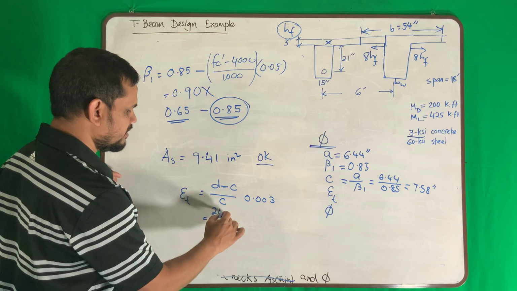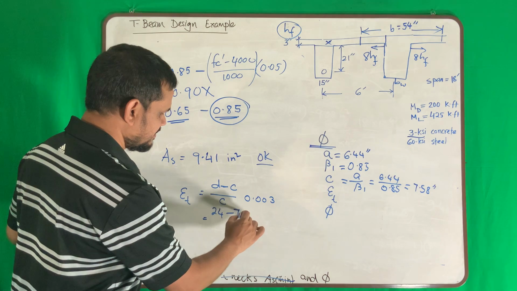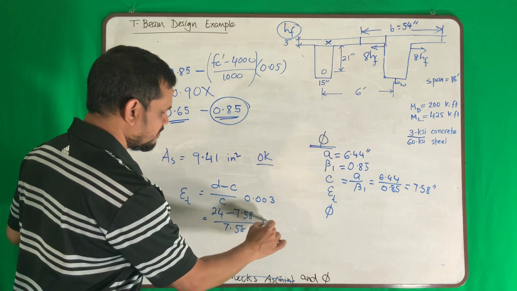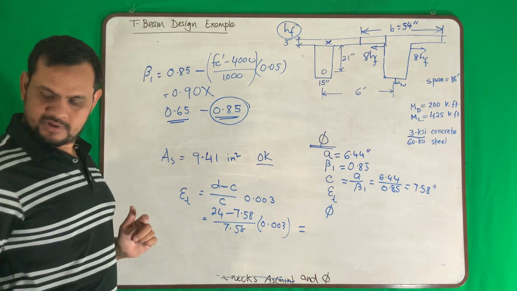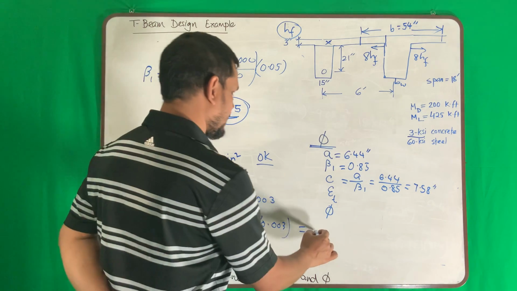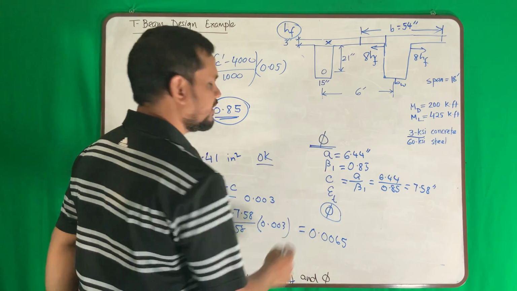So d is 24, c is 7.58. What is my epsilon t? If I do the calculation, 0.0065. Now what is my phi?